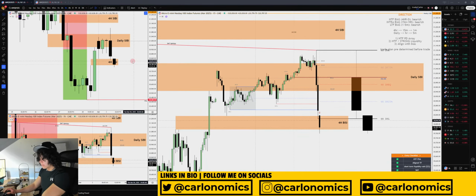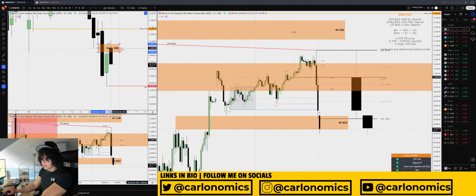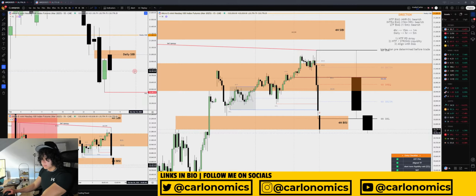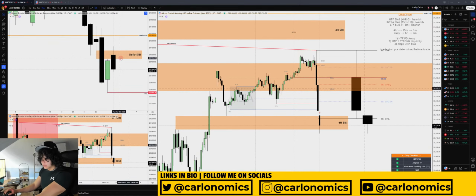I'm actually going to zoom out a bit on the daily time frame, because this is the daily gap that we're literally trading from. I like shorts, but I have to see how our 4-hour gap will behave first.